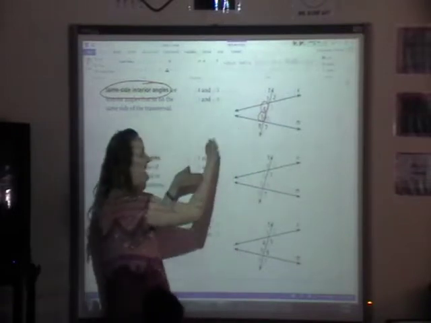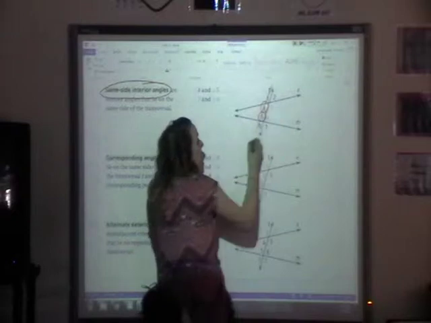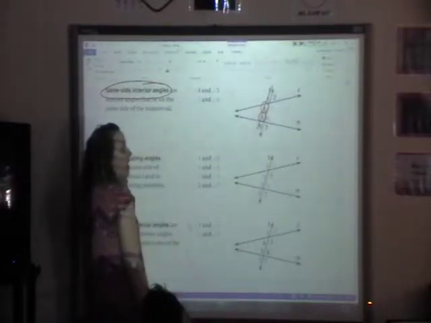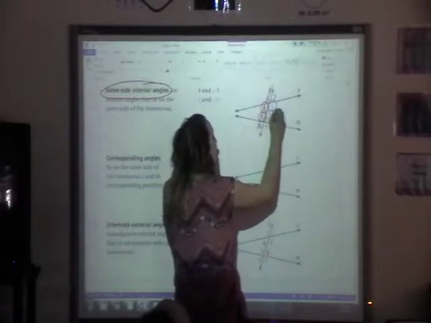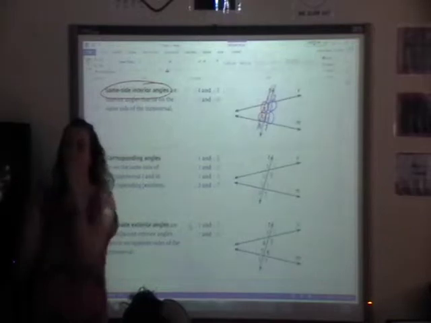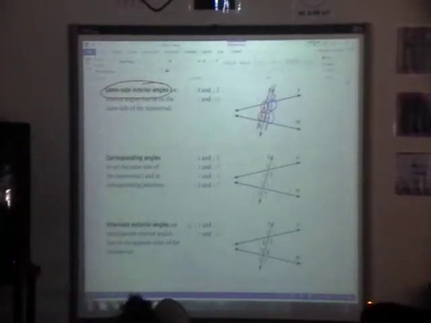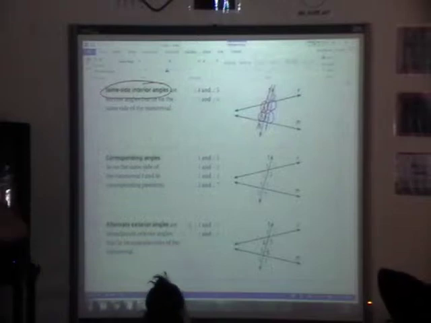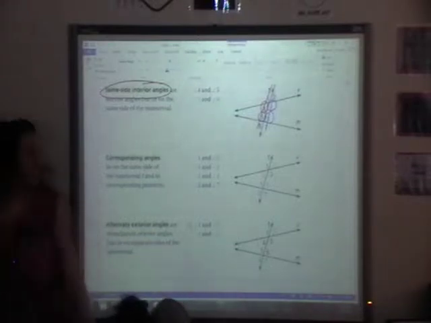Those are both inside, in between my two lines going somewhat in the same direction, and they're on the same side of the transversal. On the other side of my transversal, 3 and 6 are on the same side. They have a relationship together. They're not opposites, they're same side.